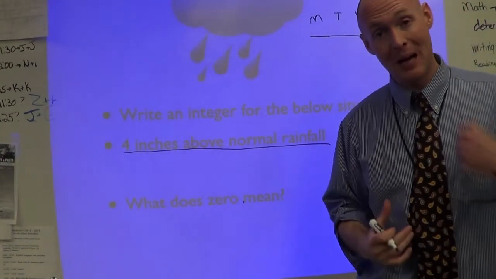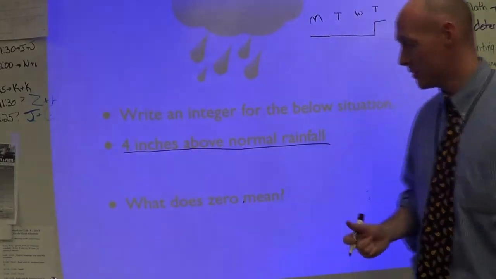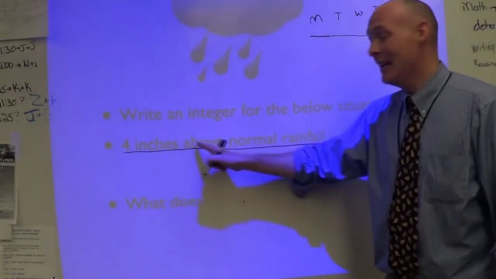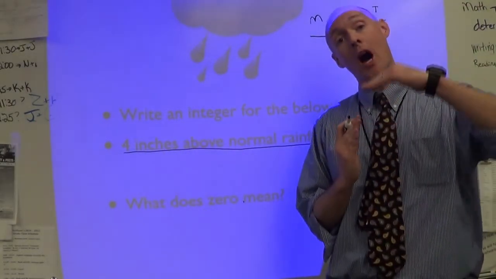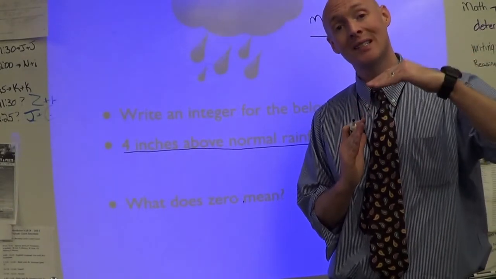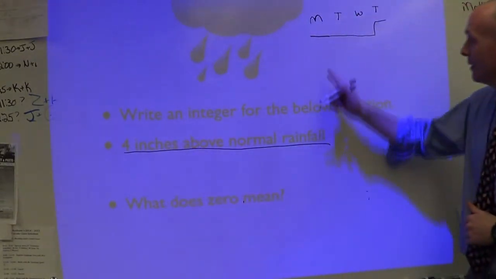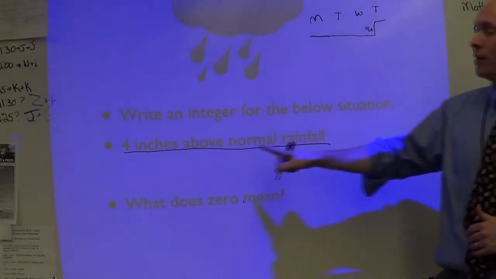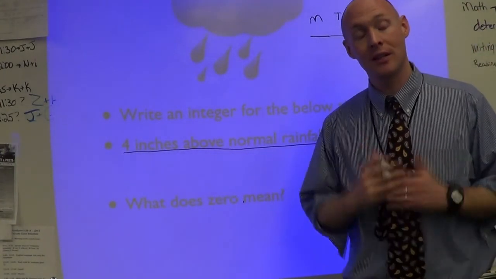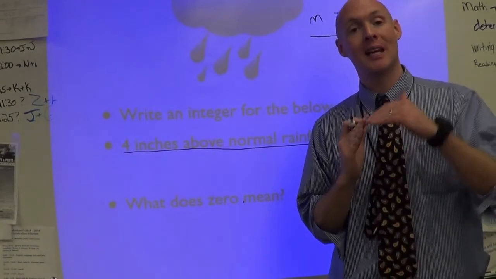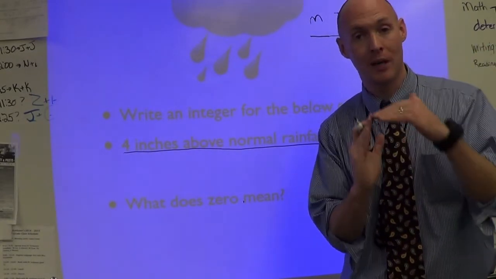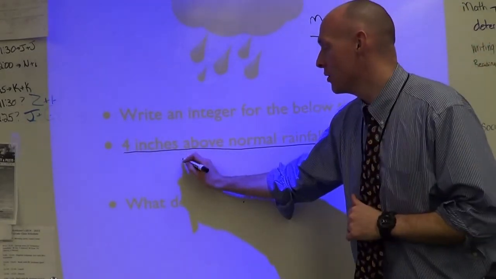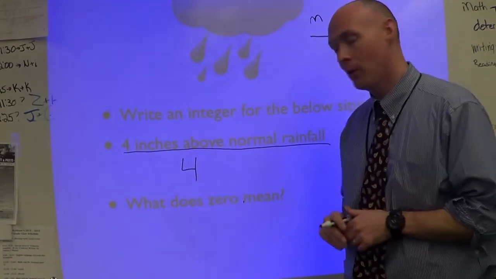Well, integers are positive or negative numbers. Ask yourself, did the amount of rainfall go up or increase? And in fact, it did. It went up 4 inches. So therefore, what integer is that going to represent? It's going to represent a positive 4 because it went up 4. So the integer is going to be 4.